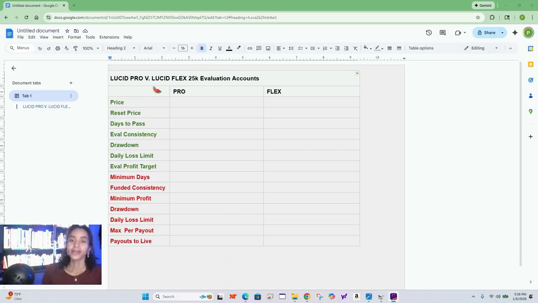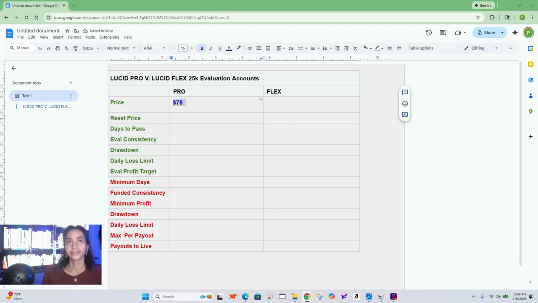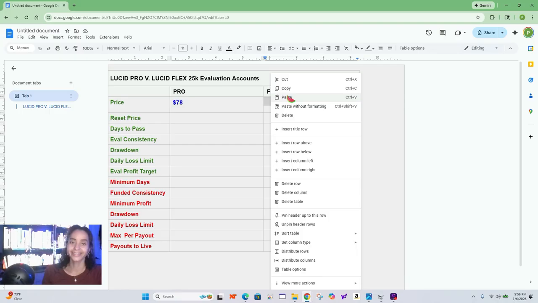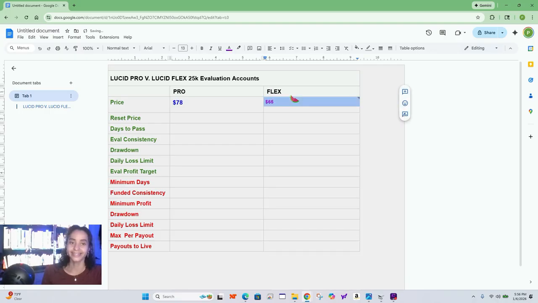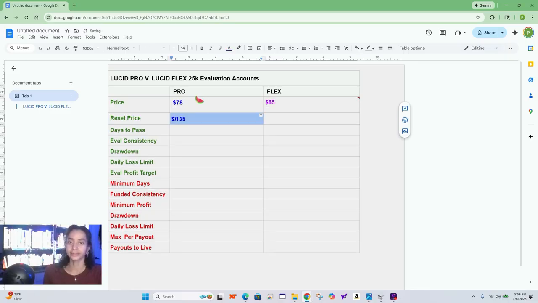All right, so the two types of accounts we're looking at are the Lucid Pro and the Lucid Flex. So this is the sales price. The Pro is $78. The Flex is $65.